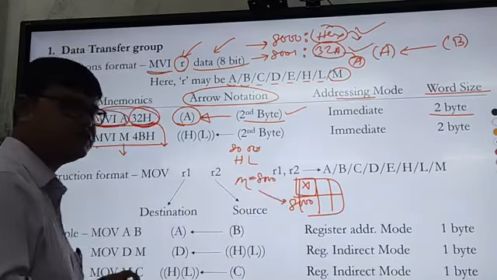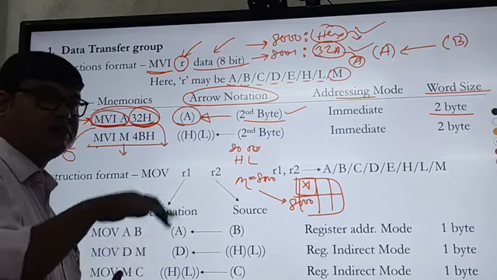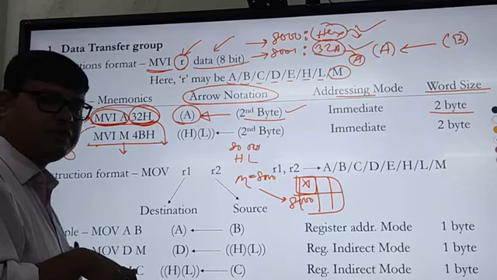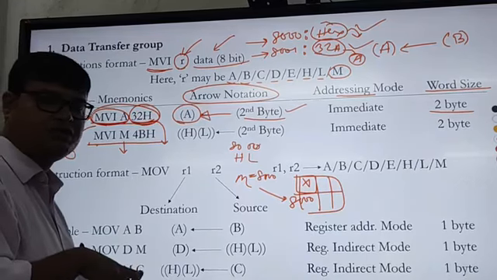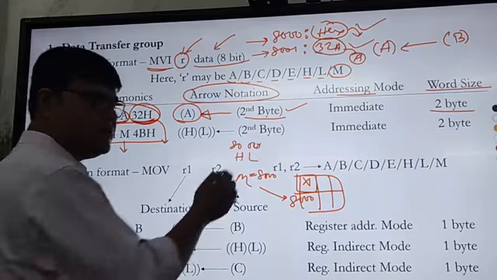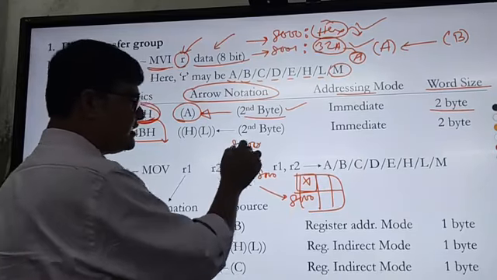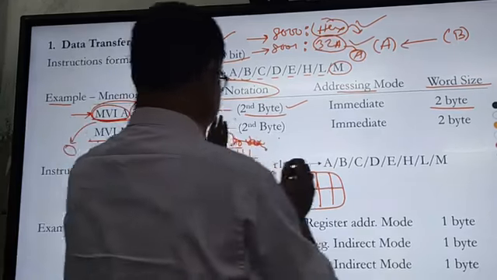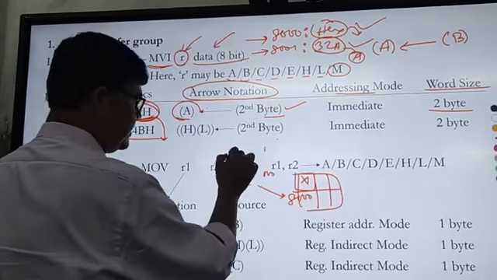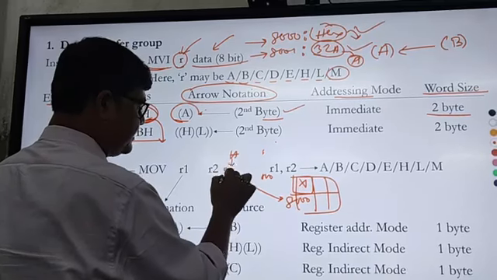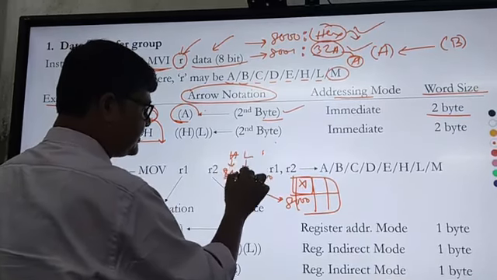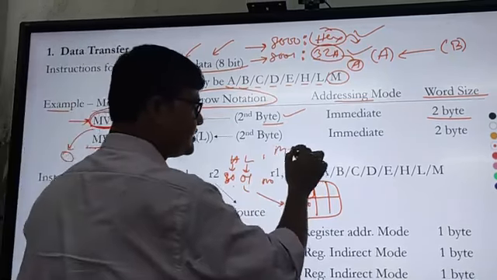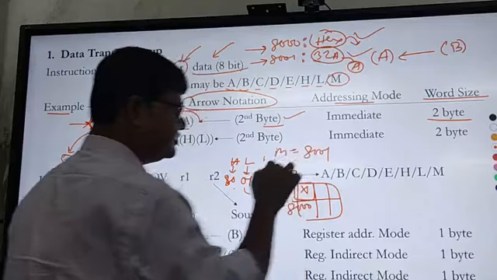If I am going to store some data in 8001, we have to define 8001 by M. And how can we define that? We can store 8001 in the H register pair. We can store 80 in the H register and 01 in the L register. So automatically M is equal to 8001.